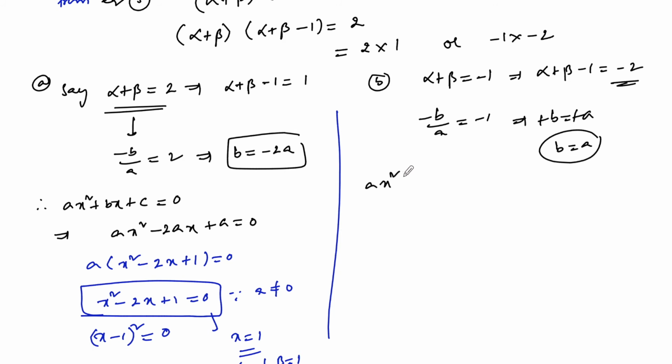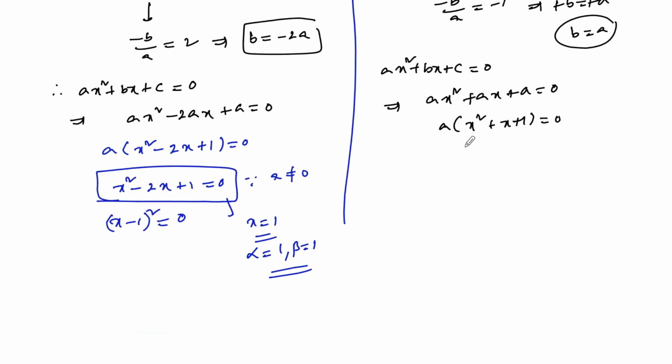So our quadratic equation ax square plus bx plus c equals to 0 becomes ax square plus ax plus a equals to 0. By taking a common, x square plus x plus 1 equals to 0, since a is not equal to 0.